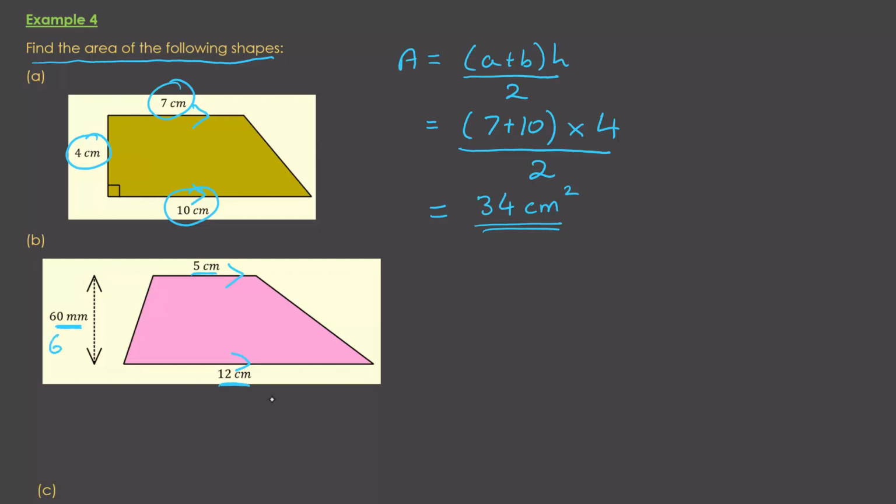60 millimeters is 6 centimeters, and I'm going to work in both units here. So this one would be 50 millimeters, and 12 centimeters is 120 millimeters. So if we do square centimeters first, that's going to be 5 plus 12 times 6 divided by 2.